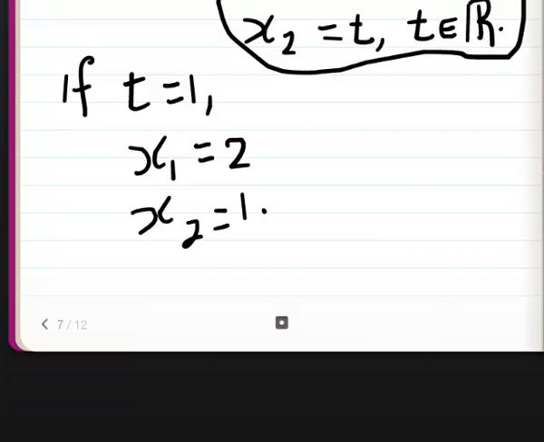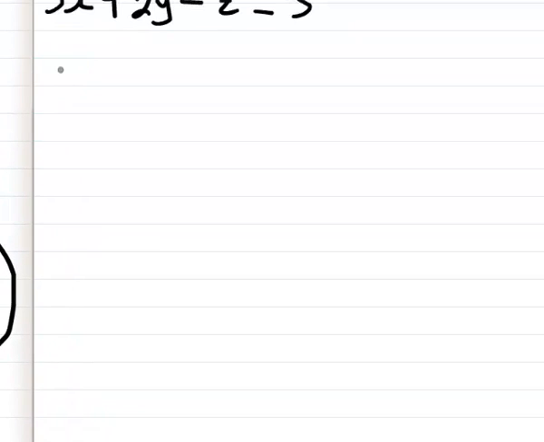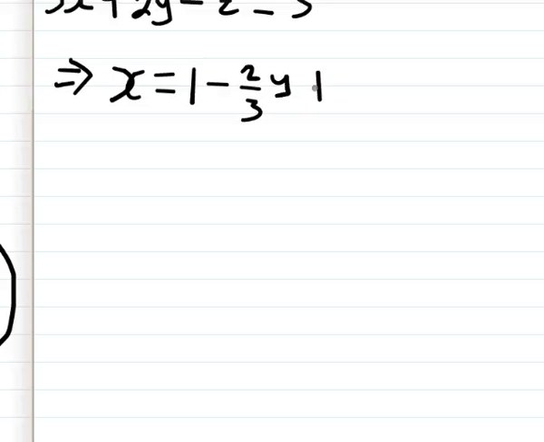It has 3 variables, 3 unknowns, and just one equation. Still very easy. Solving these, let's see if arithmetic is good enough. We should have x equals, let's see, 1 minus 2/3 y plus 1/3 z.